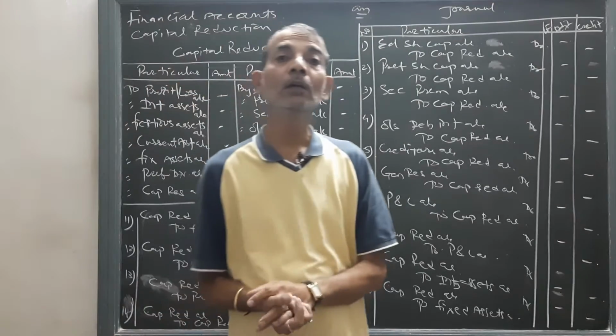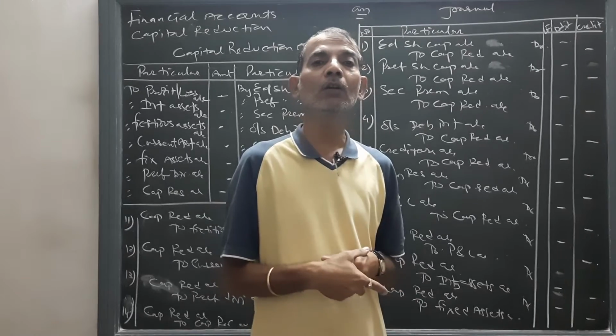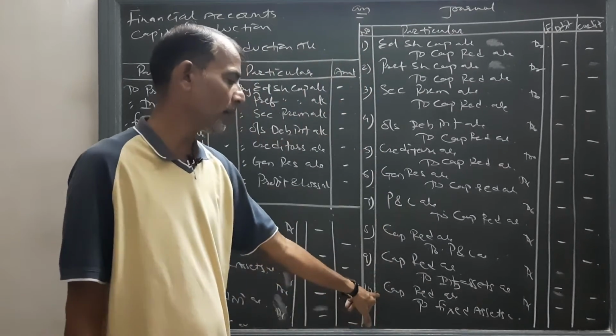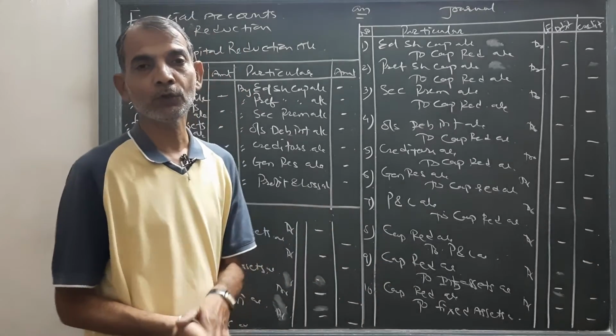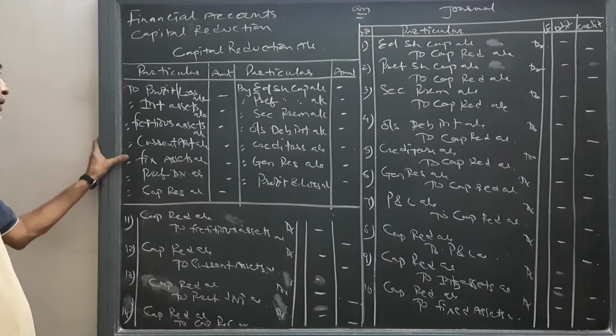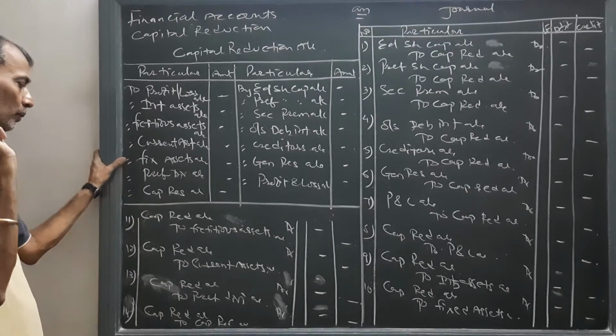Then, if depreciation is to be written off on fixed assets, the entry is capital reduction account debit to fixed assets, and the depreciated amount is written on the debit side of the capital reduction account.